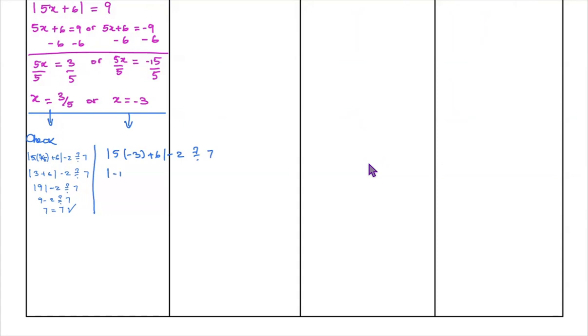Absolute value of negative 15 plus 6 minus 2, is it 7? Absolute value of negative 9 minus 2, and then 9 minus 2, is it 7? 7 is 7. So we have both of the solutions, they work.